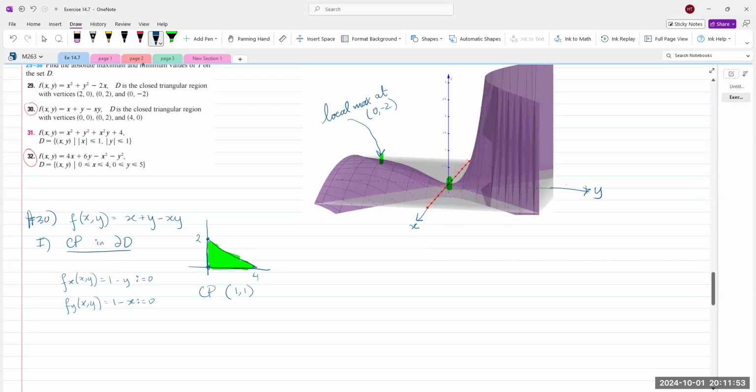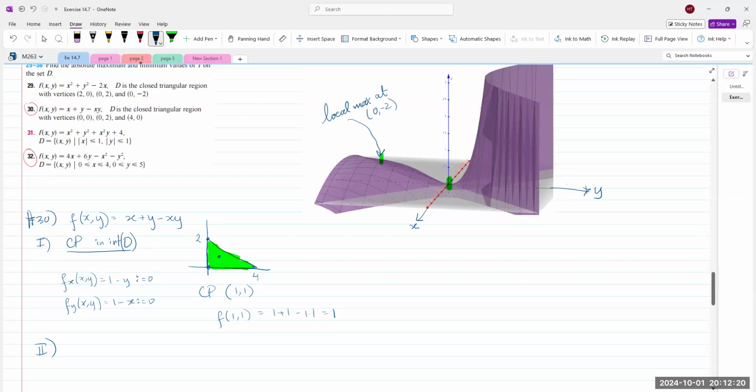Now let's compute the value right away. f(1,1) equals 1 plus 1 minus 1 times 1, which equals 1. So at 1, 1, the value is 1. I used the wrong notation. It's in the interior of D.